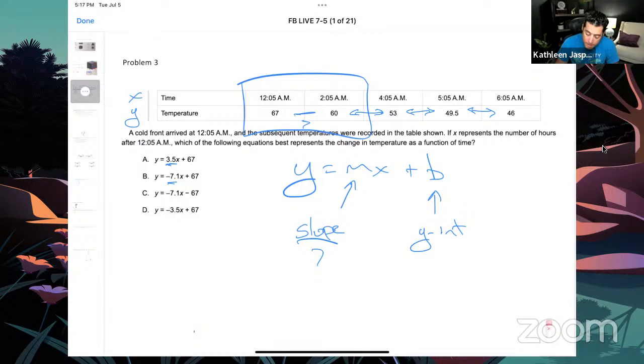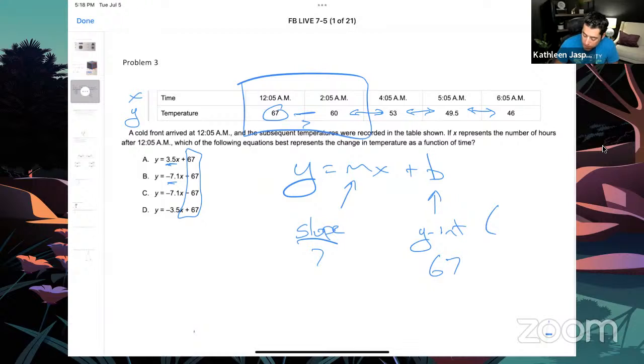And then my y-intercept, well, it says it started at 12:05. And here's another clue: if all of these say 67, well, then I know that 67 represents my 0 point, right?